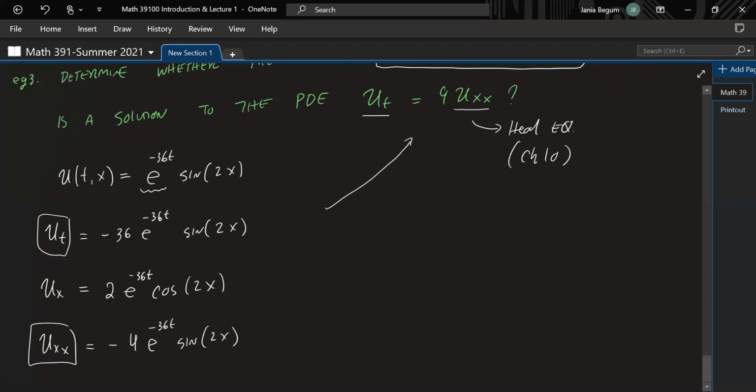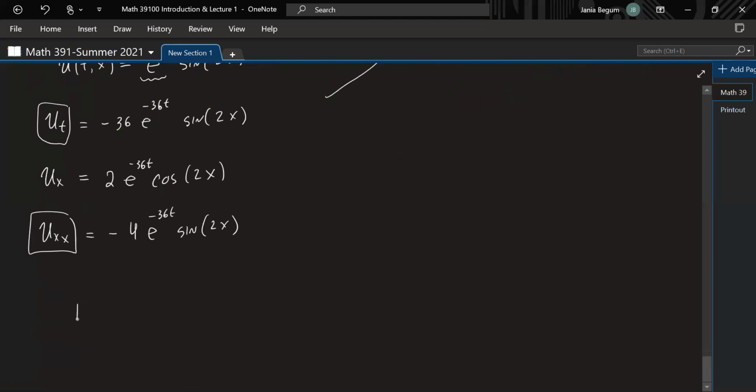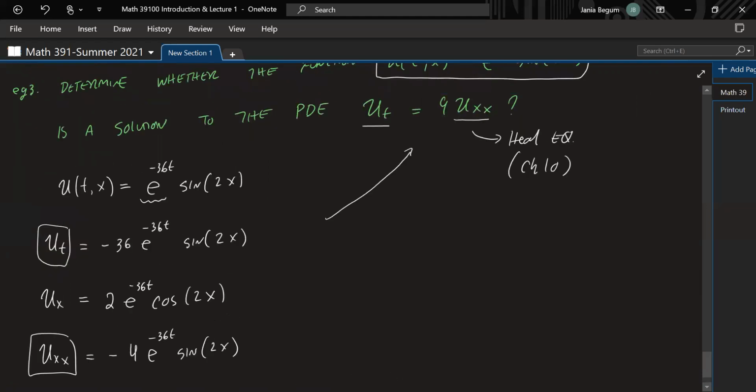Any questions up to here? Okay, so continuing from here. Now let's plug u sub t and u sub xx into the given differential equation. My differential equation is u sub t equals 9 u_xx.